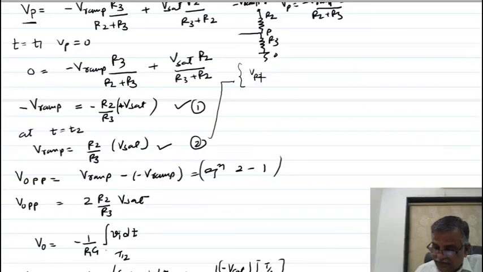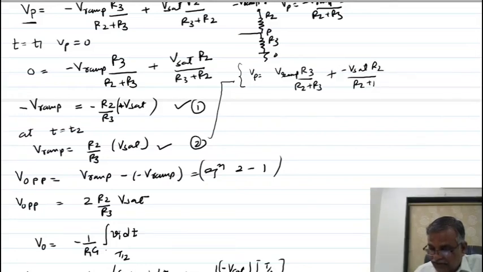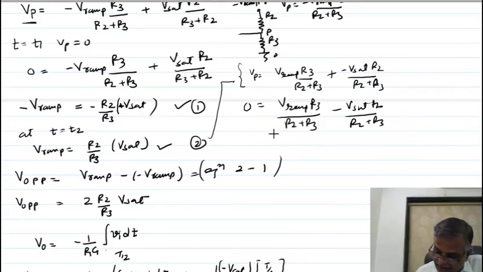Vp is nothing but V ramp into R3 by R2 plus R3, because positive going ramp you know, and minus V set, you know negative voltage, R2 upon R2 plus R3. Put this as 0: V ramp R3 upon R2 plus R3 minus V set R2 upon R2 plus R3. So you will get this equation.